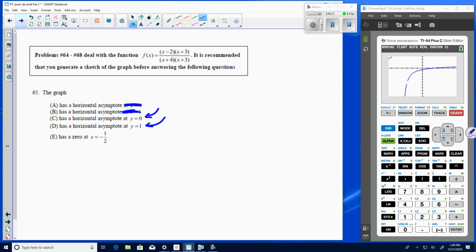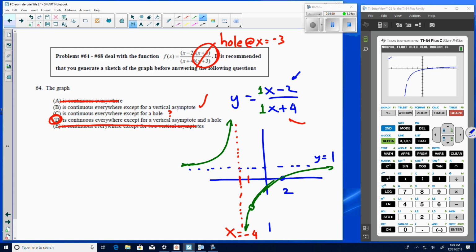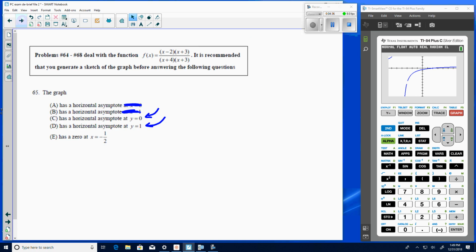And I think this was one of the problems that we had an error on, and you had to write down the equation of the horizontal asymptote. Here's the picture. The horizontal asymptote is y is equal to 1. Okay. Yeah, this is a corrected version of the test.